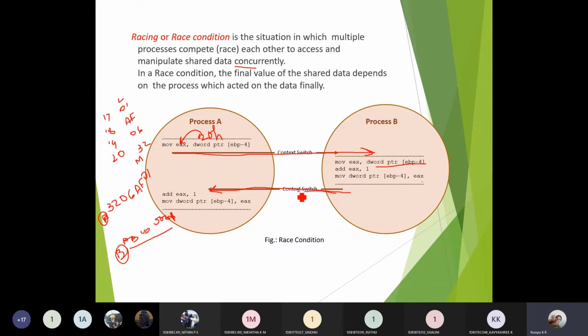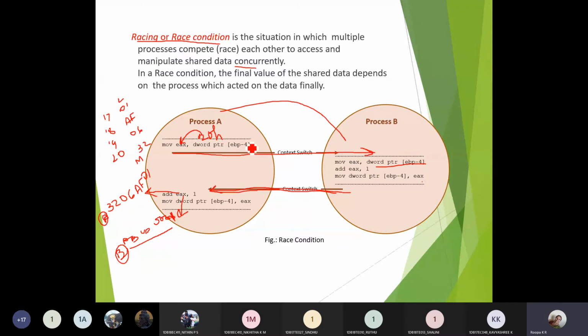After that it will come back to here. The content of EAX is this now, but this should be the content of EAX according to this process. The content of EAX is overwritten by process B, and this particular condition is called a racing or race around condition. This happens when both processes are sharing the same memory.